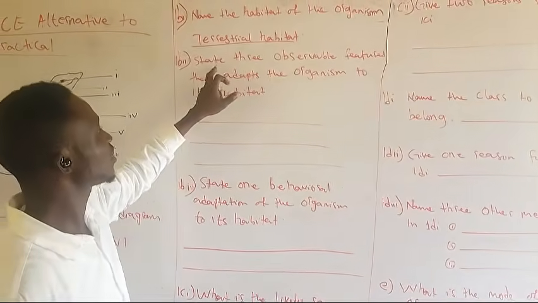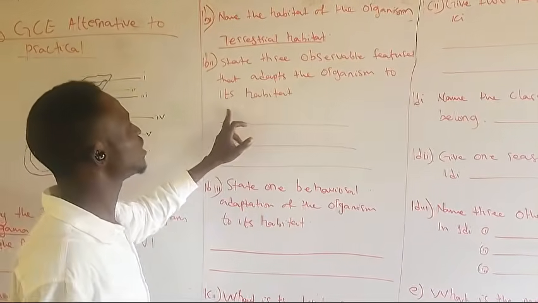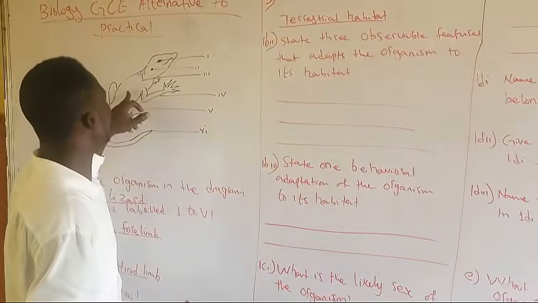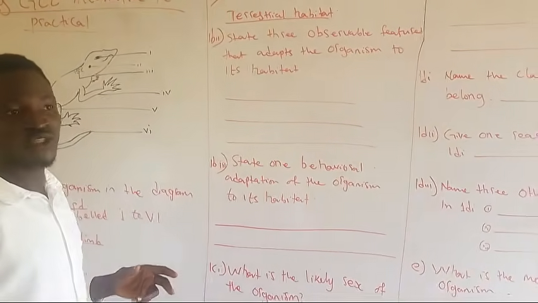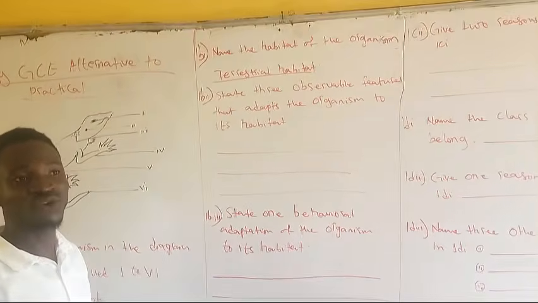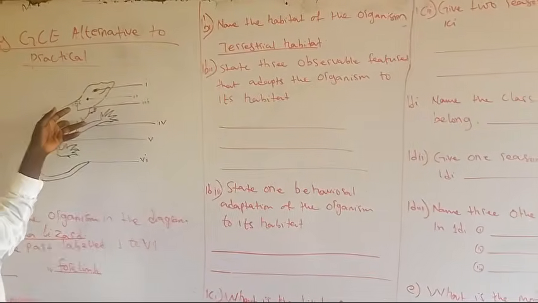The next is, state 3 observable features that adapt the organism to its habitat. Now, it's very funny. Some of you will be saying presence of lungs for respiration. Some will say presence of ovary for laying of eggs. Did you see the ovary? No. Did you see their lungs?